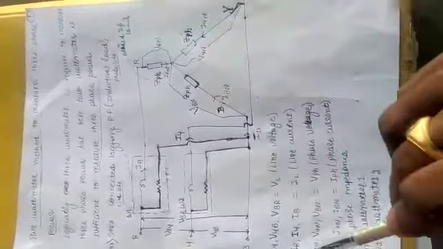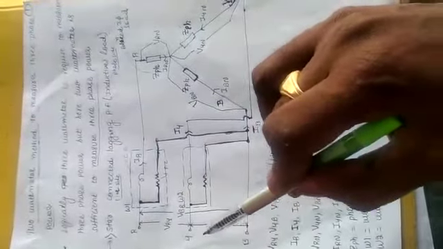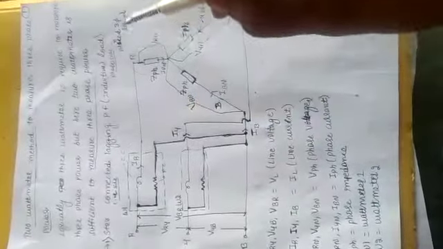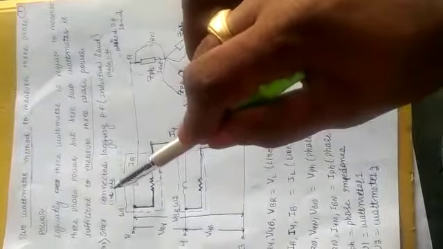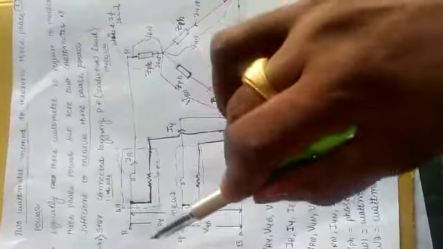So R, Y, B are the lines. This much we call the line side, and this one we call the phase side. In the line side you have the line voltage and line current. In the phase side you have the phase voltage and phase current.